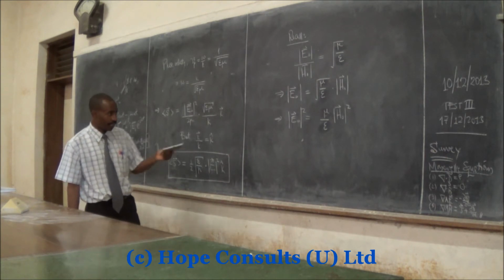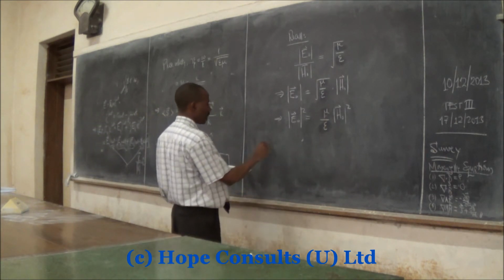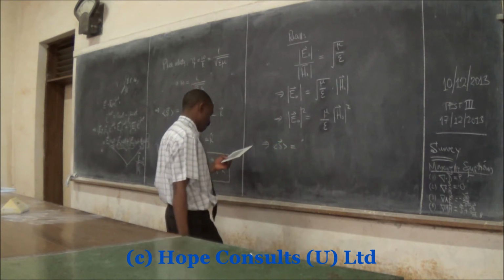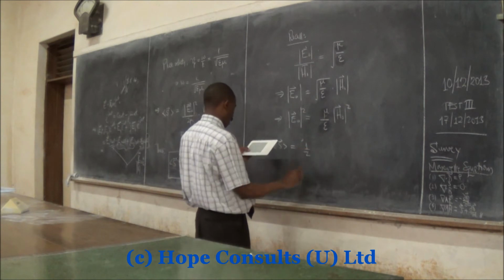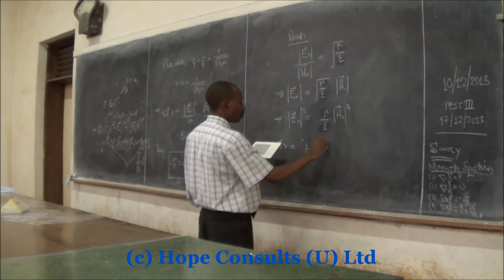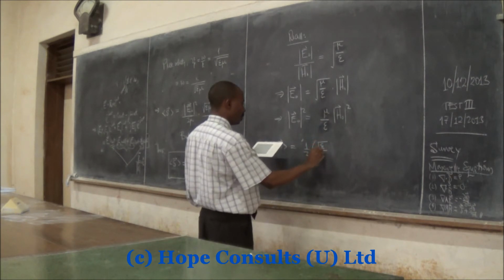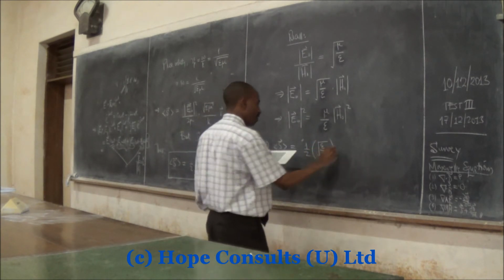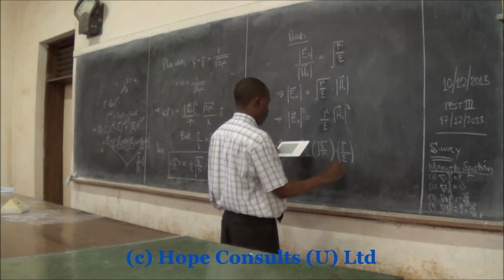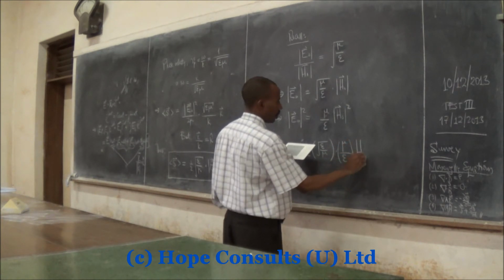And of course, if that is the case, then our average Poynting vector S will be the same as a half E naught, the root of epsilon over mu, then multiplied by our mu over epsilon H naught.